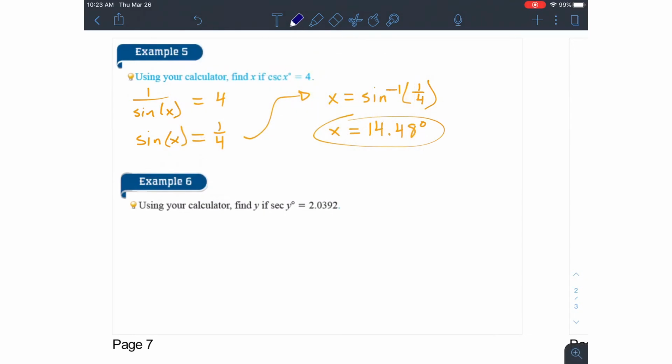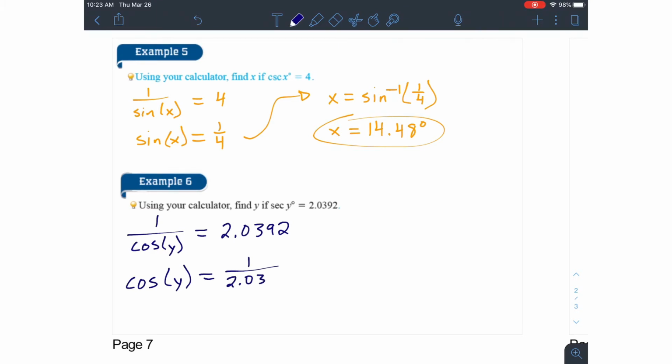So down below then for secant, we know that secant is the same thing as 1 over cosine. Then we should do the reciprocal of both sides. So the left side is going to become cosine of y. And then the right side will become 1 over 2.0392. Remember, this is what I said in the last video.